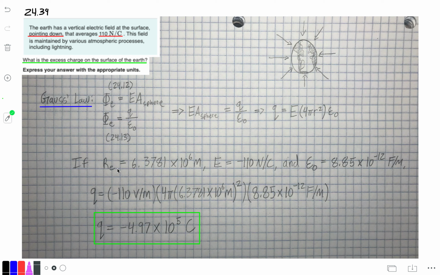So just going ahead and defining some of our values here, we're going to be using the radius of the Earth, which is this value here in meters. We're also going to be using our electric field of negative. It's important that we note that it's negative 110 newtons per coulomb, and our permittivity of free space in farads per meter.